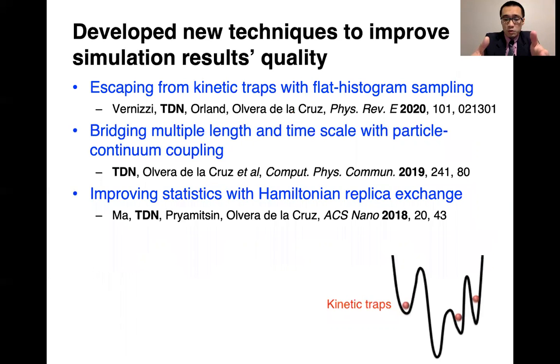Not only making simulations faster, but I'm also able to develop, improve, and implement a lot of algorithms that help simulations give reliable predictions. This is very important for computer-aided design problems, because otherwise we cannot trust anything if we don't know that we sample the system or the phase space accurately and reliably.